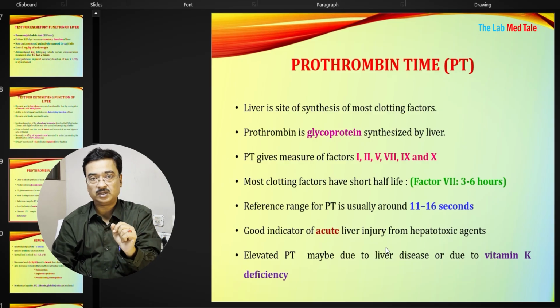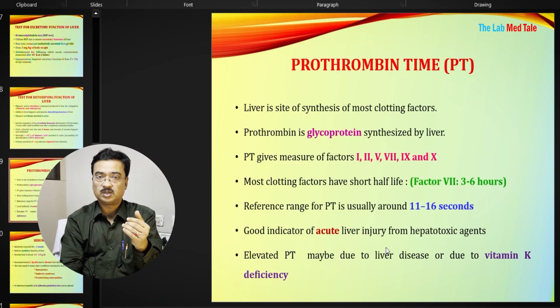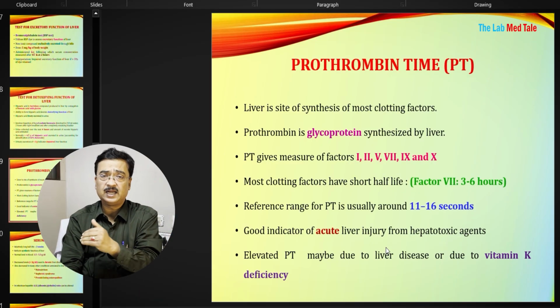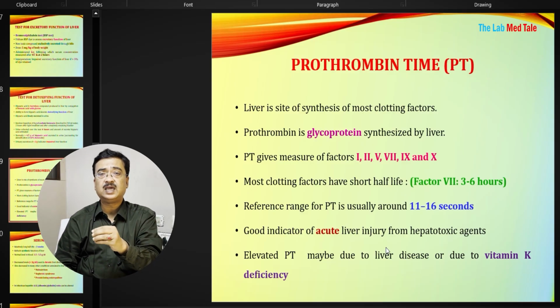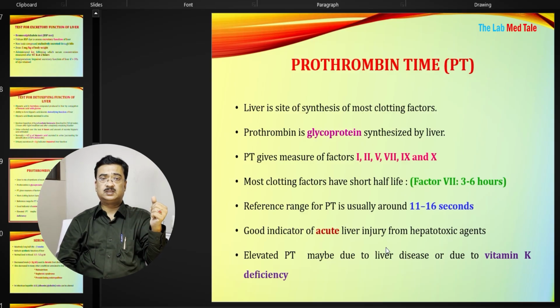Similarly, in obstructive jaundice, what happens? Bile cannot come to the gut. A, D, E, K are fat-soluble vitamins, so unless they form a micelle with bile, they cannot be absorbed into the blood. In obstructive jaundice, we sometimes get bleeding problems because of vitamin K deficiency.